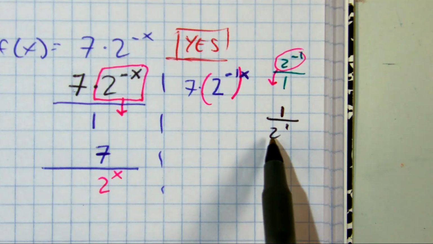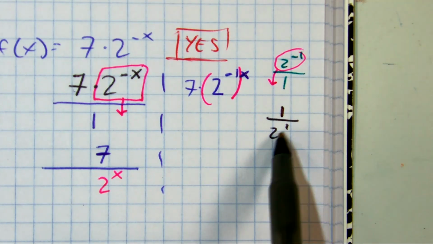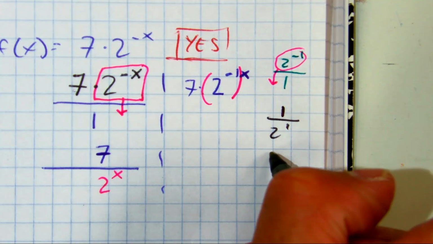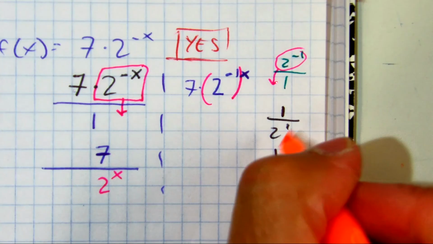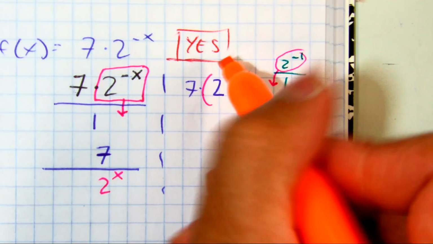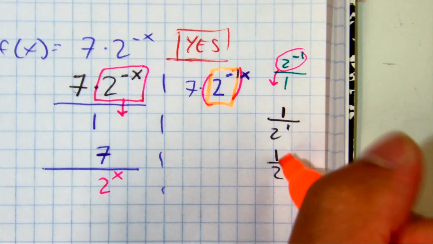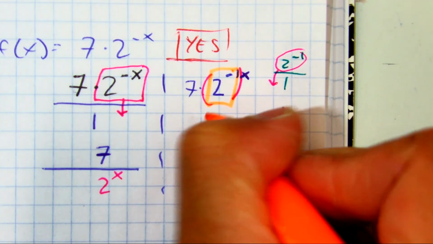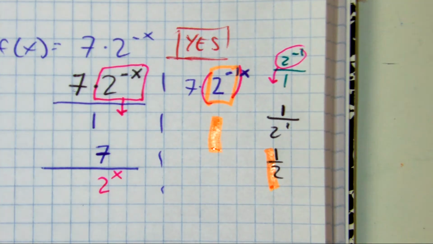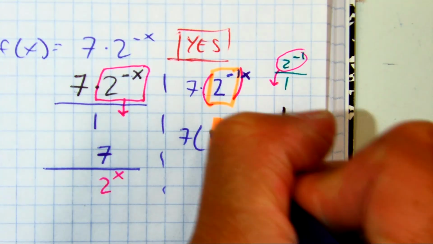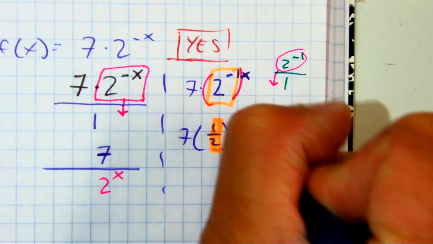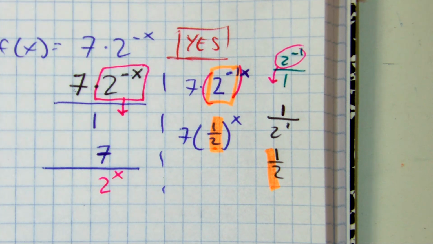Here you get 2 to the first power, which is what? 2. So, in some ways, 2 to the negative 1 power becomes 1/2. So this would be 7 times 1/2 x.